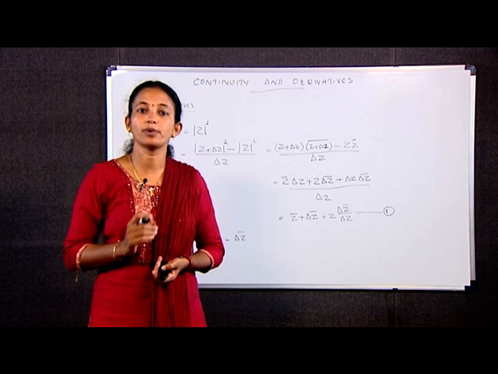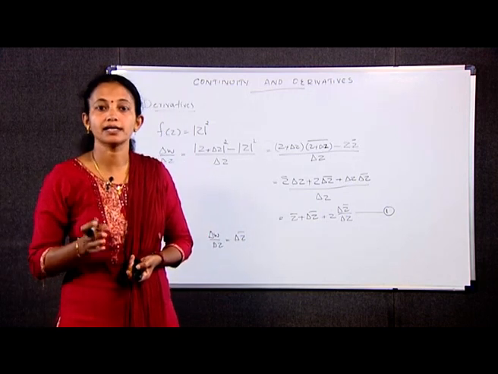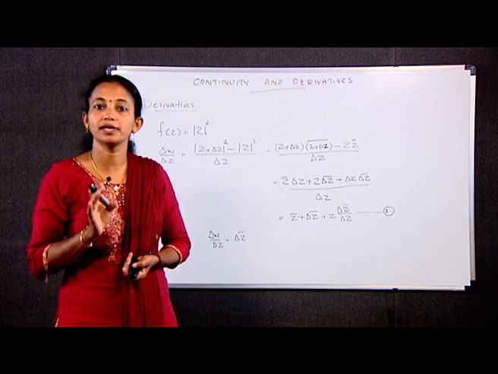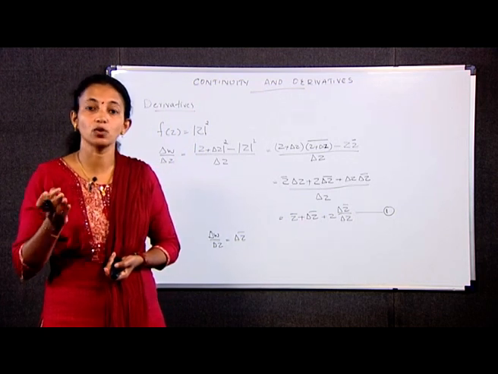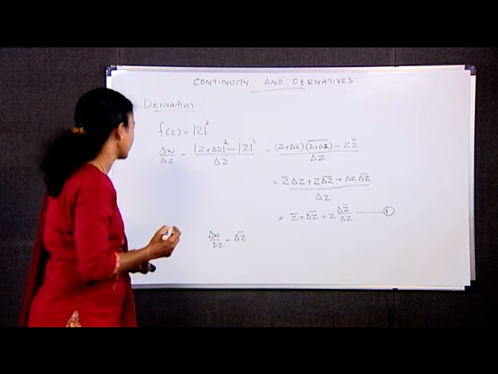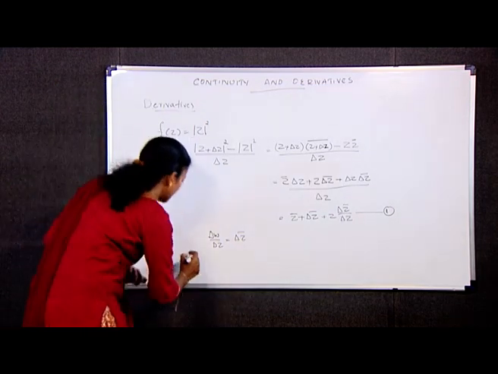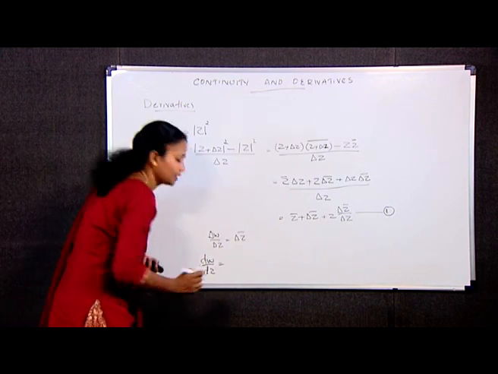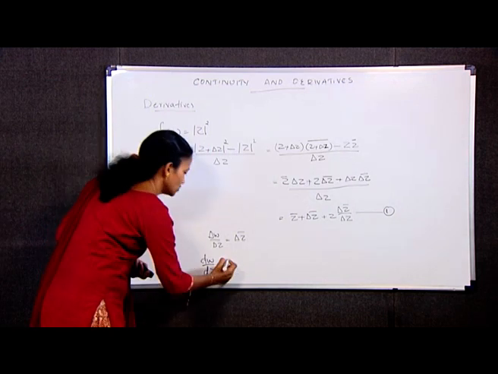Hence, dw by dz is equal to limit delta z tending to 0 of delta w by delta z, which is equal to limit delta z tending to 0 of delta z bar, which is equal to 0 at the origin. That is, dw by dz is equal to 0 at the origin.